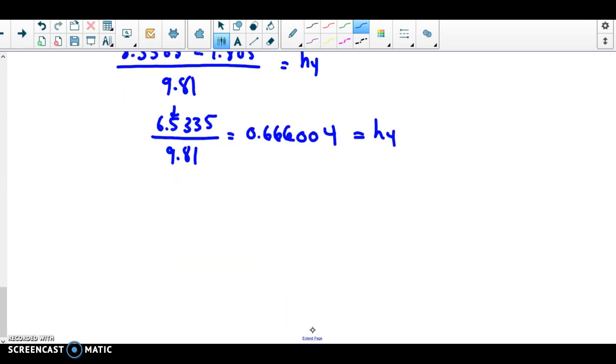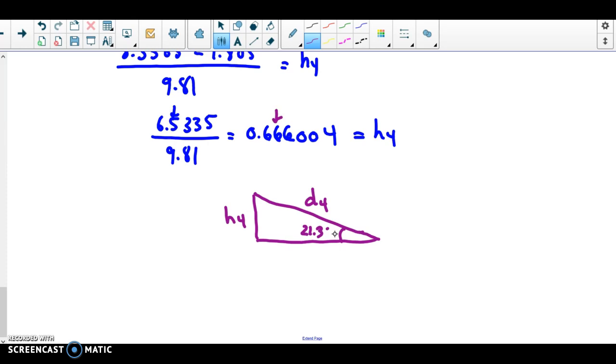Now, this isn't quite what I was asked to find in this question. I was actually asked to find the distance up the ramp, not the height. Here's h4. Here's the distance it's traveled up the ramp. But there's one other piece of information that's going to help me, and that's the angle of the ramp. It's 21.3 degrees. So all I really need is some trigonometry to figure this out. Oh, and I forgot to put a little arrow here, 2 significant figures.